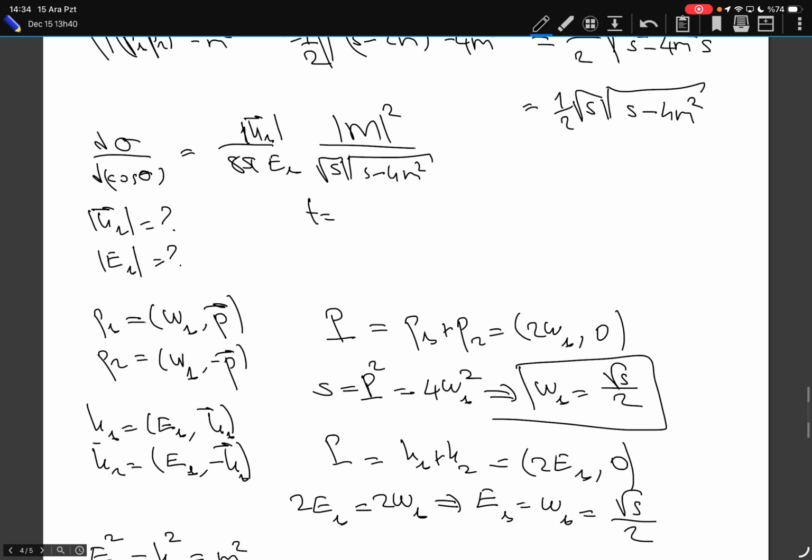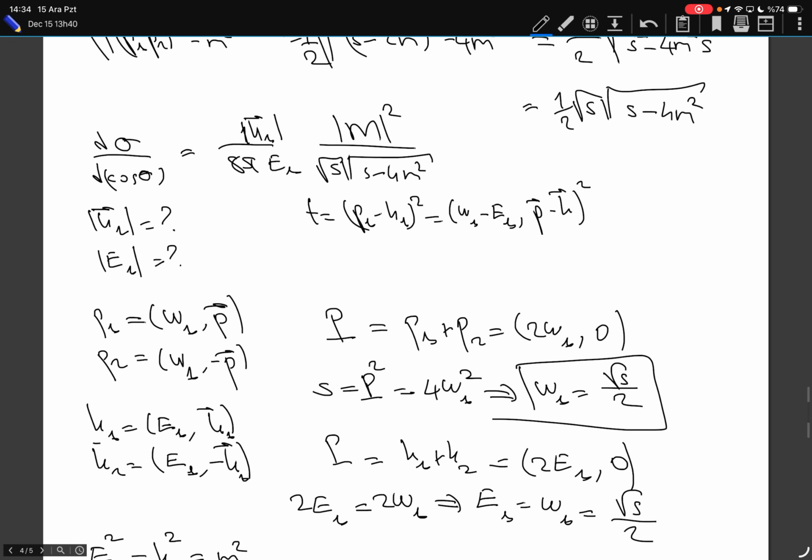T is P1 minus K1 squared. Well, this is my P1. This is my K1. So that is omega 1 minus E1 and P minus K squared.